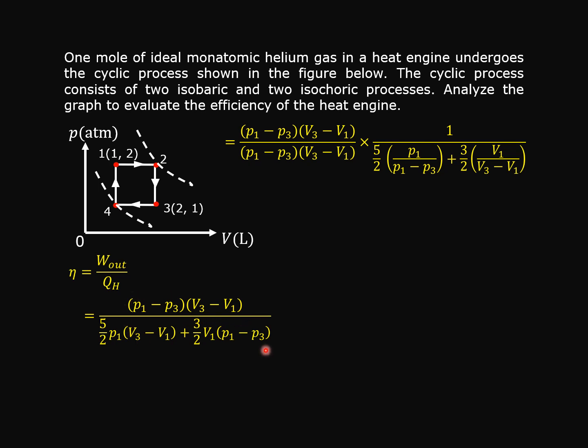We can substitute the values at this step, but if we substitute now, it will be difficult in the calculation, because we will need to convert all the coordinates of state 1 and state 3 into SI units, which are Pascal and cubic meters. It is a bit difficult because the expression for this eta is quite complicated.